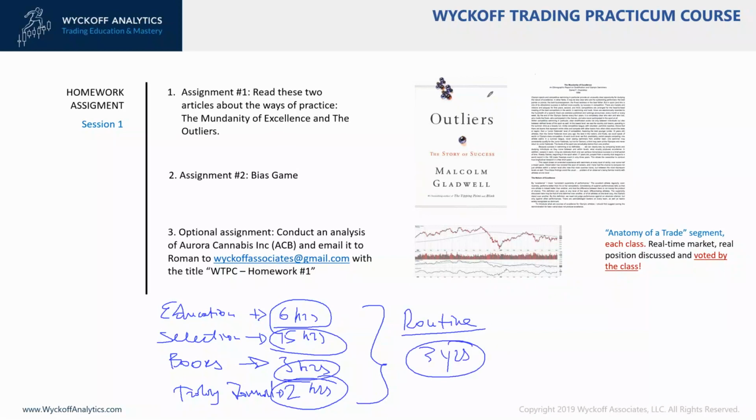We want to, this article about outliers, and this is from the book from Malcolm Gladwell, talks about the 10,000 hours that it usually takes to master a skill, master a craft, or at least to become masterful at something to a certain level. And we are taking this as a basis and as an idea that we do need to practice.